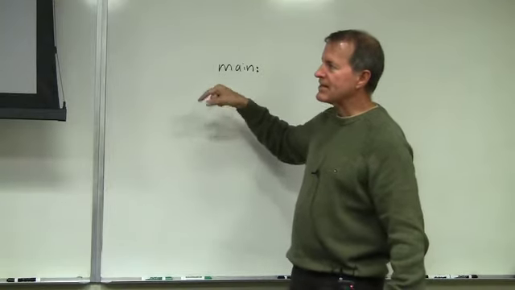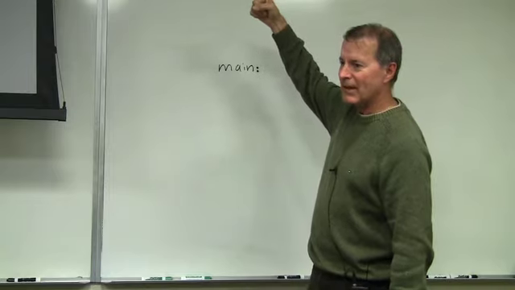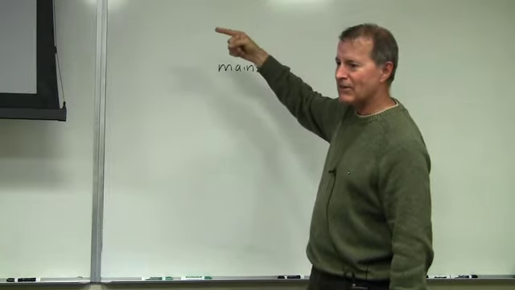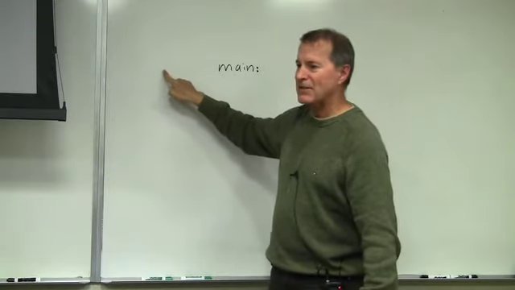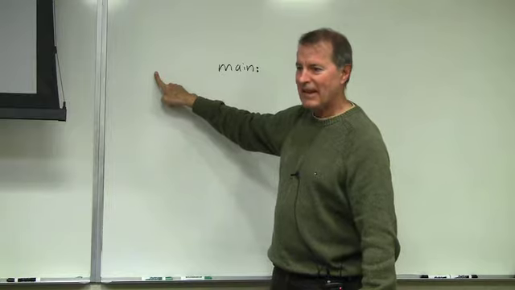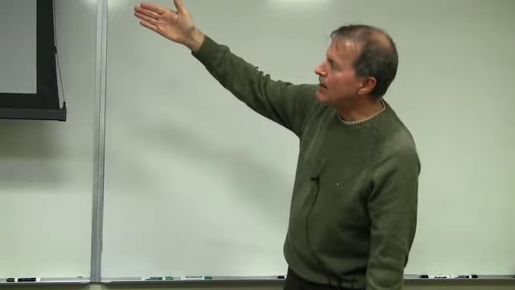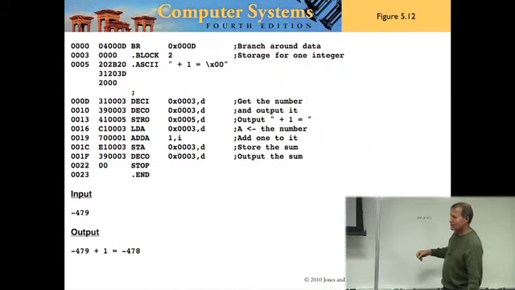Then it can count, starting at 0000, all the instructions from the beginning to this point, and so it will figure out what that address is. Do you see what I mean? And then instead of saying branch to 0x000D, you say branch to main. And the value of main is the address.